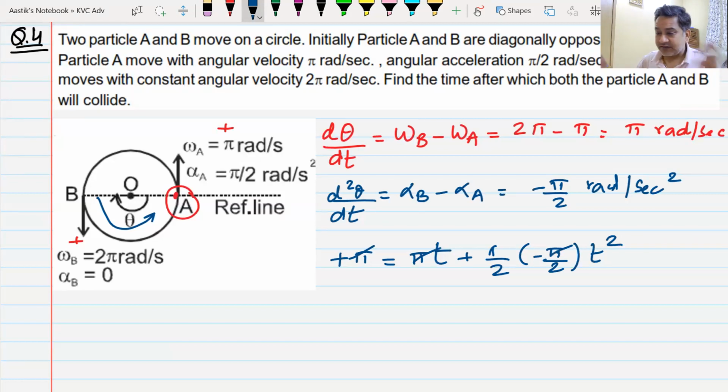Pi will cancel. This is a simple quadratic equation in t. The equation will look like this: t square minus 4t plus 4 is equal to 0, or t is equal to 2 seconds.